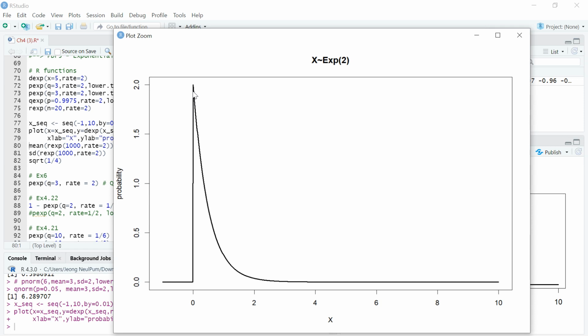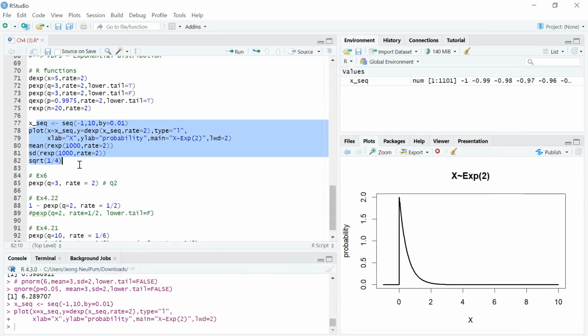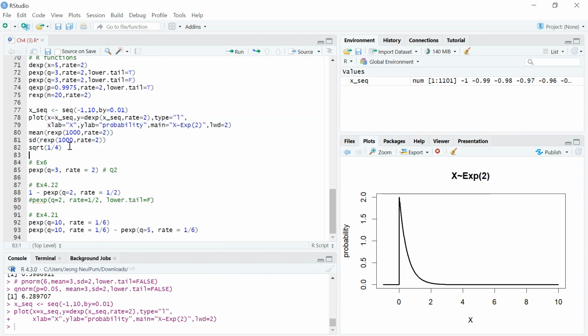I think this part can be ignored, because the exponential distribution is only defined for positive values of x. So the graph has to be plotted from this part, not this part. But never mind, it is not that important for us.